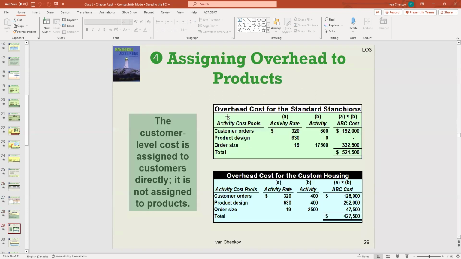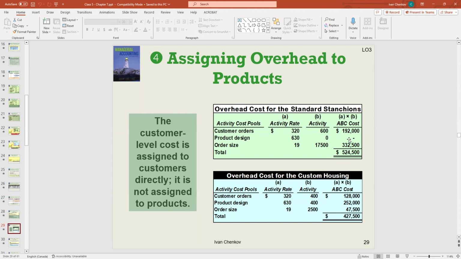Once we have this information, and once we have the cost per activity, we can come up with a report for that sanction. So for the sanction, since we have 600 customer orders and $320 per order, that particular division cost is $192,000.